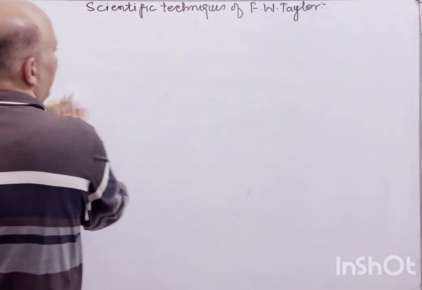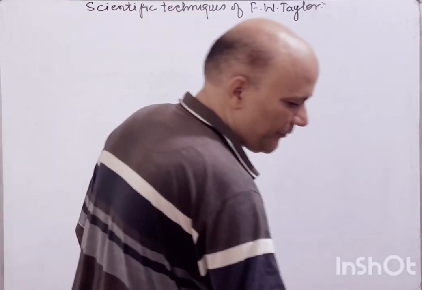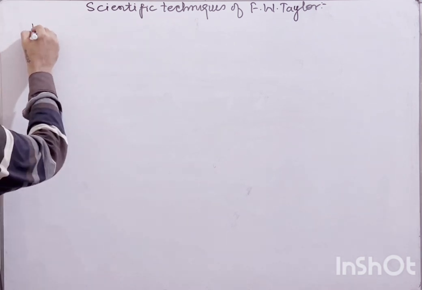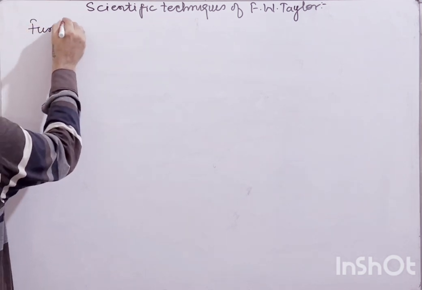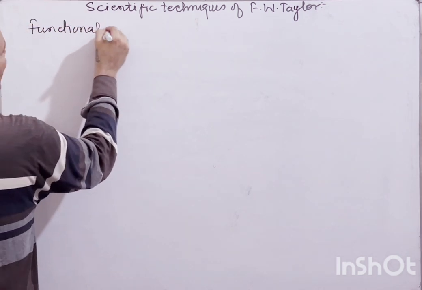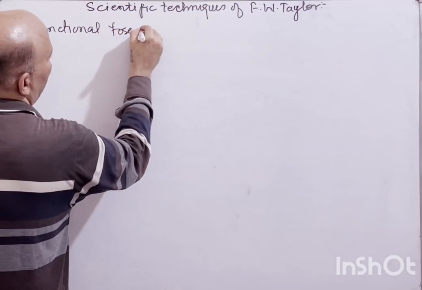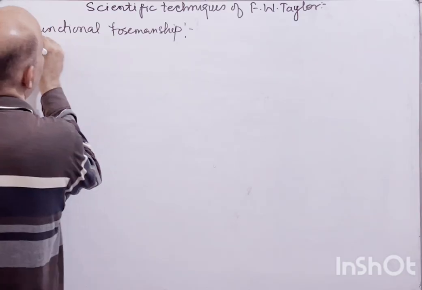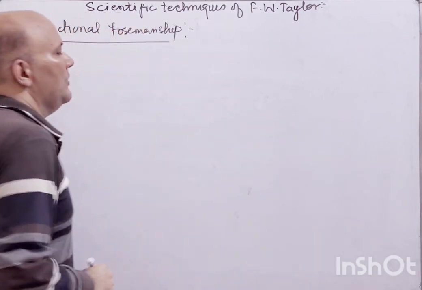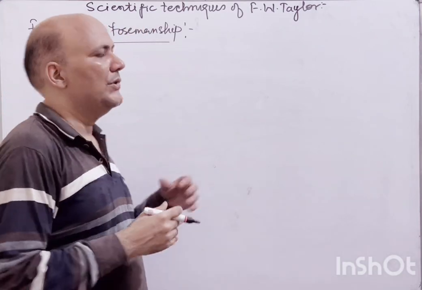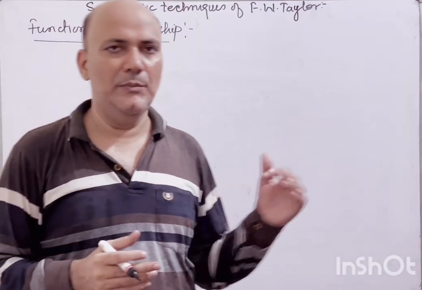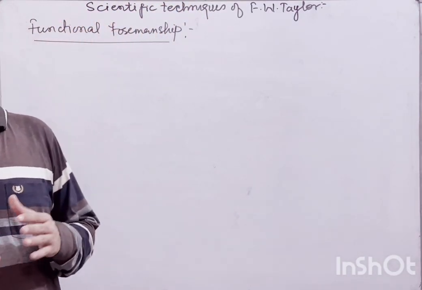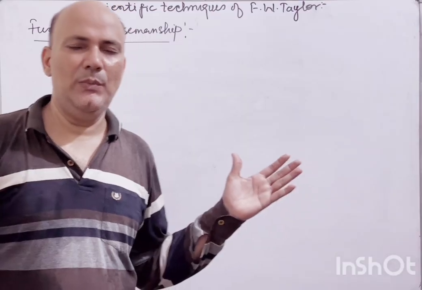Now the first thing, functional foremanship. What is functional foremanship? I'm giving you the definition. Functional foremanship is a technique given by Taylor in which the work is divided into two parts, production and planning.